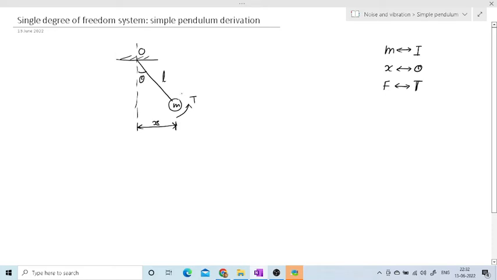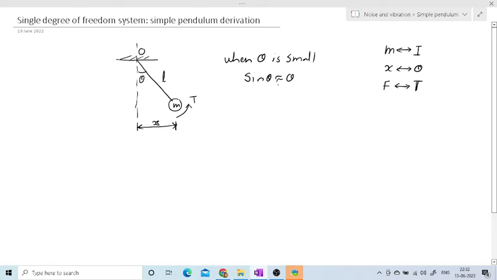Now for this derivation purpose, normally during the vibration, that is the oscillatory motion, the angle turned is very small. When the angle is small, we can write sin theta is nearly equal to theta and tan theta is equal to theta.